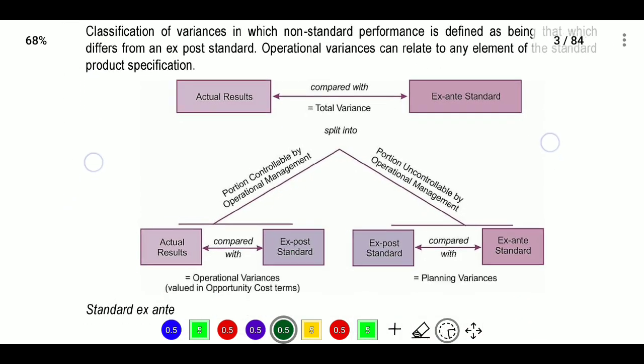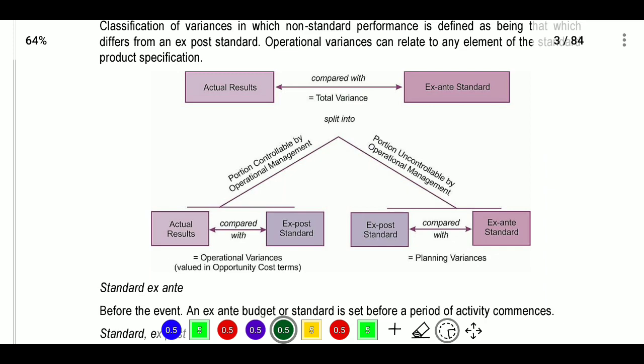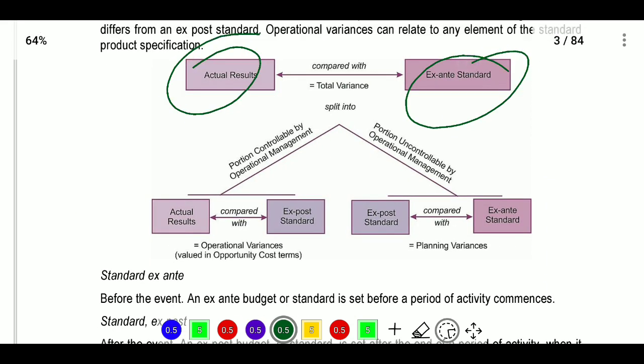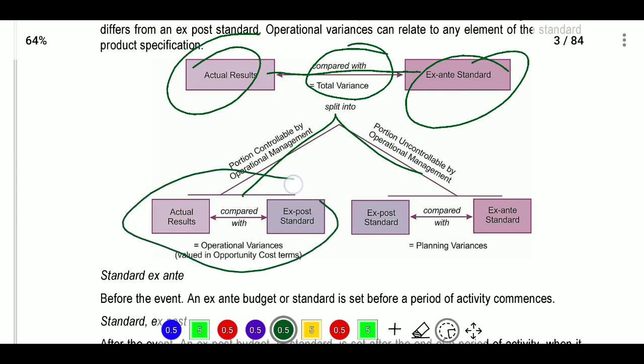Here we will see in the example, in the specification they provided the actual result and the ex ante standard. We will compare this. This is the total variance. It will split into two categories: actual results and ex post results. Comparing them gives the operational variance, and with ex post standard and ex ante standard it is the planning variance.